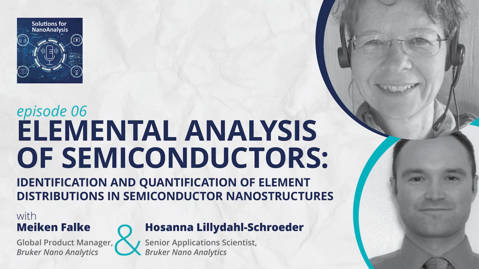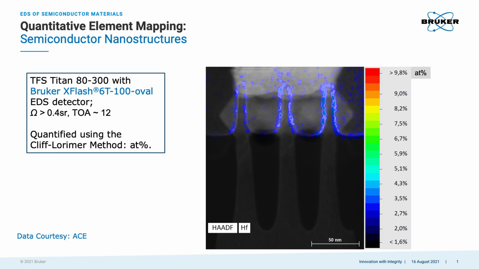But actually, looking at the data, and we have published quite a few in our webinars, which are sitting on the website, it is well possible to deconvolute hafnium, tungsten and silicon overlaps and get very clearly the whereabouts of each of these elements. And also copper and tungsten overlaps can be well deconvoluted in EDS. It's not that they sit on top of each other and you can't do it. No, it's really possible. The one option which we have implemented is the so-called online deconvolution.